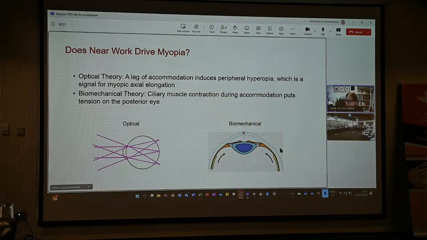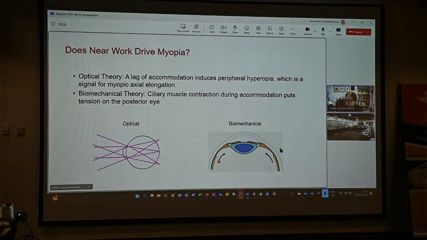The biomechanical theory states that with contraction of the ciliary muscle during accommodation, it puts stress on the posterior eye. So everything is kind of pulled forwards and centripetally inwards during accommodation. And those stressors on the choroid, on the retina, on the sclera, ultimately lead to tension on the posterior eye and scleral remodeling and axial elongation.